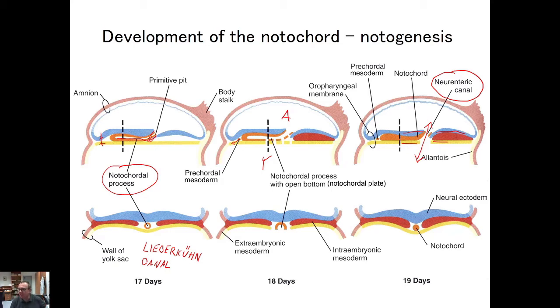But it's only a very temporary structure. It develops during the 18th, 19th day, and it disappears during the next day. So till the end of the 3rd week it completely disappears, but it can sometimes remain and give rise to some developmental errors.